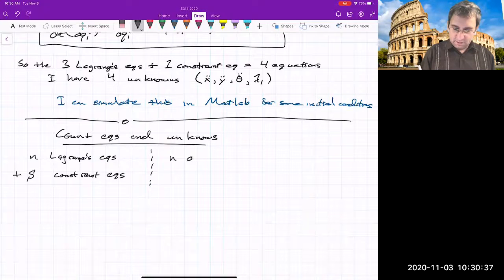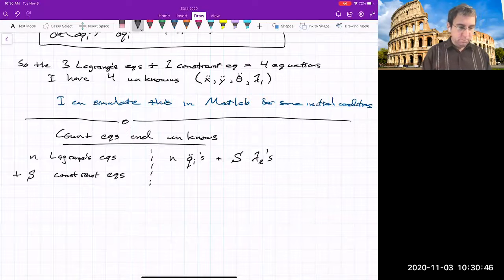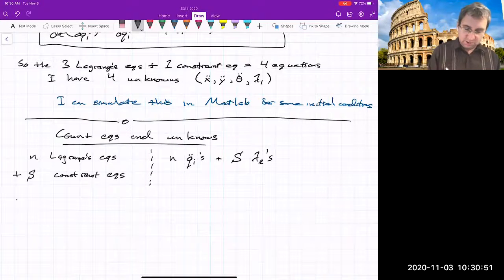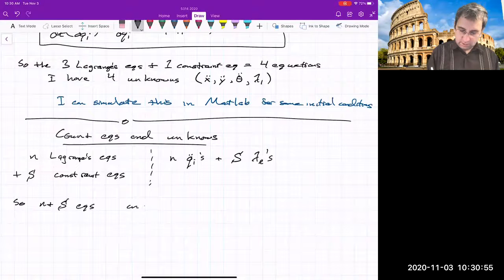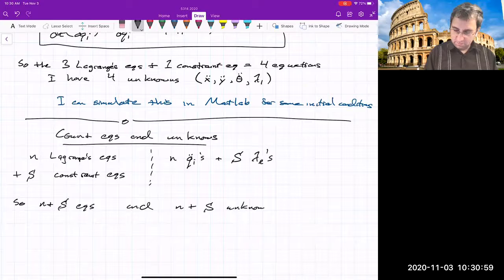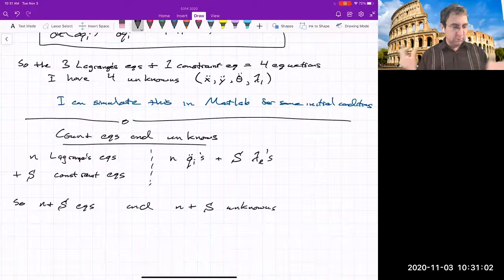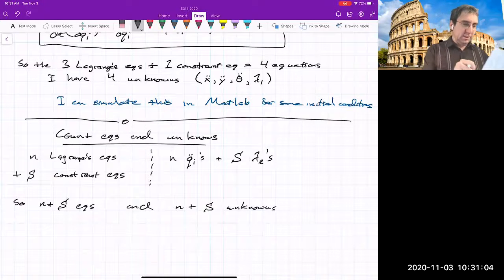We've got n q_i double dots plus we've got s Lagrange multipliers. So we've got n plus s equations and n plus s unknowns. So you can solve for these systems and work it out.